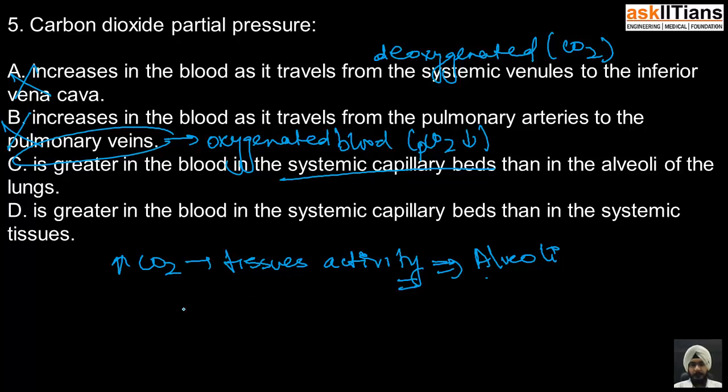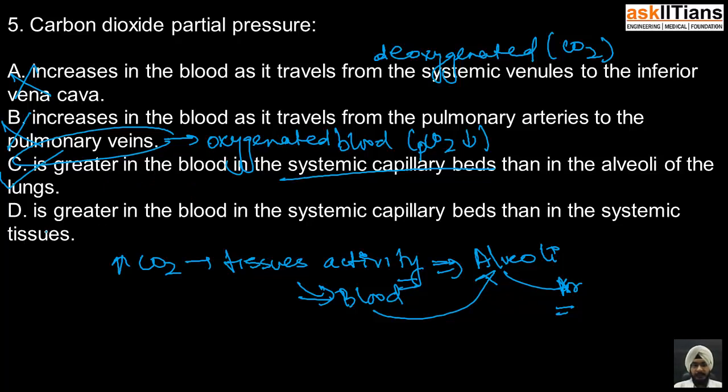This is bringing more carbon dioxide into the blood, and due to this difference in partial pressure, the carbon dioxide from the blood can diffuse into the alveoli and then go into the air outside. So we can say that this option is correct: it is greater in the blood in the systemic capillary beds than in the alveoli of the lungs.